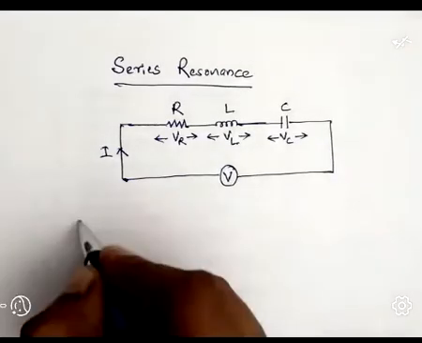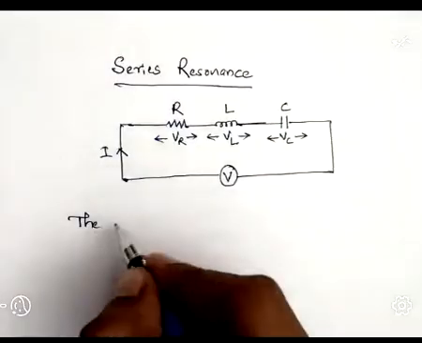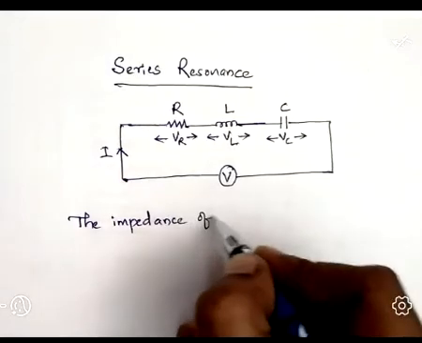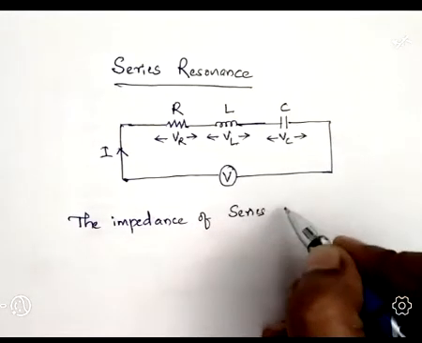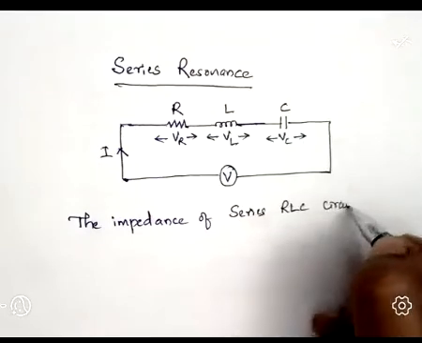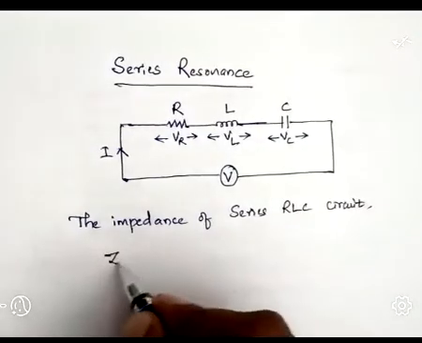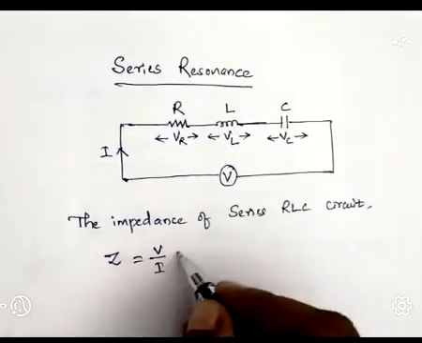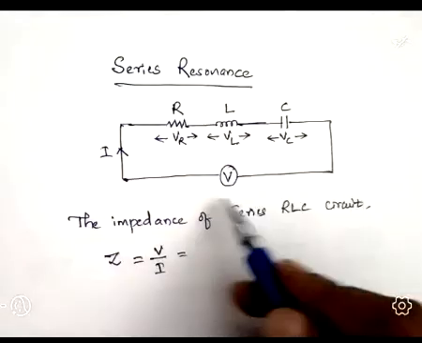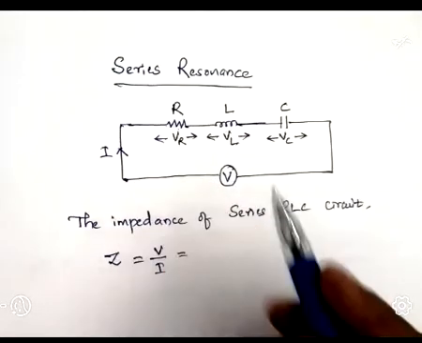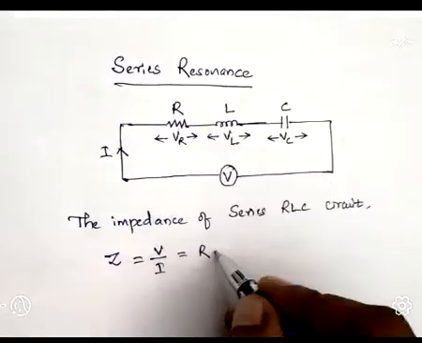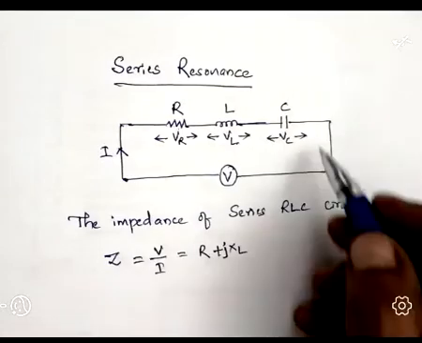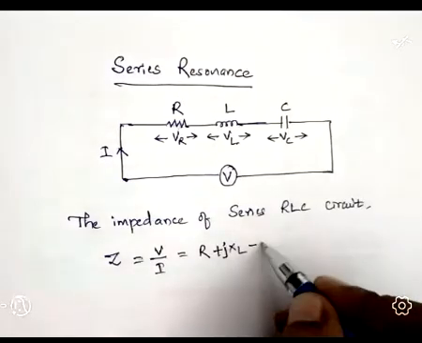Now, the impedance of the series RLC circuit we are going to calculate, indicated as Z. We know Z is the ratio of V by I. The impedance of this series RLC circuit is R, the impedance across the inductor is represented as jXL, and across the capacitor it is minus jXC.